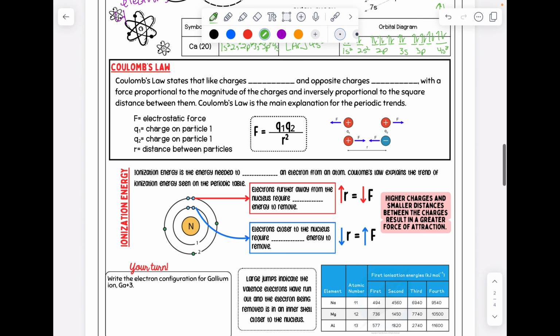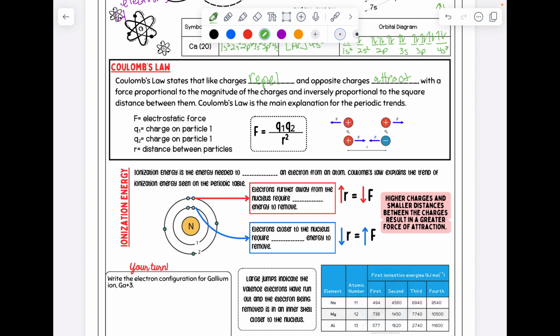Now, Coulomb's law states that like charges repel each other and opposite charges attract. So if you have 2 positive charges, they're going to repel, but if you have a positive and negative charge, they're going to attract each other. And the force of attraction is going to be proportional to the magnitude of the charges and inversely proportional, meaning the reverse, to the square of the distance between them.